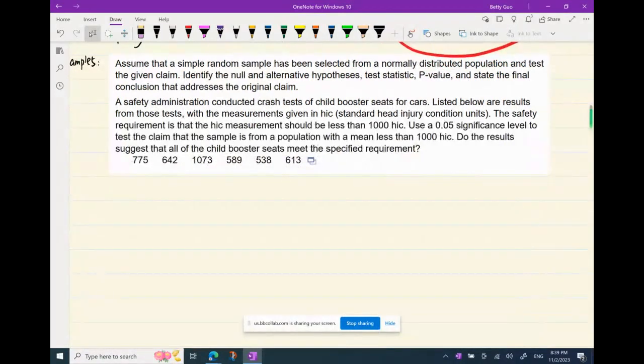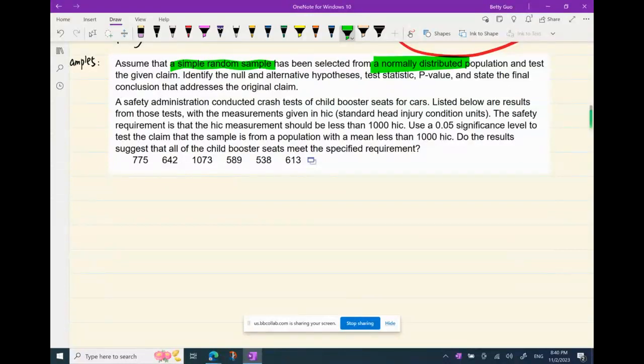Assume that a simple random sample, okay, condition 1 satisfied, has been selected from a normally distributed population, condition 2, the central limit theorem requirement satisfied, and test the given claim. Identify the null and alternative hypotheses, test statistic, p-value, and state the final conclusion that addresses the original claim.